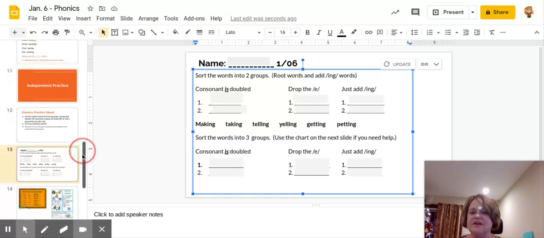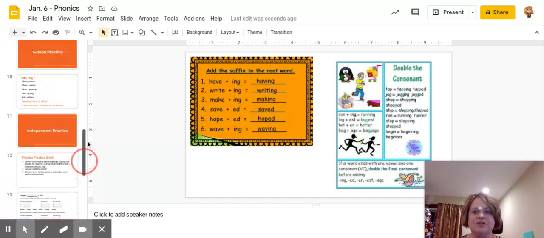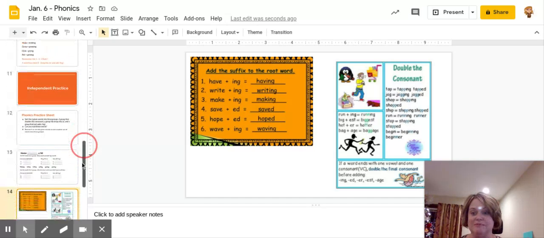You can also use the extra charts on the next page, which is drop the E and add ing and double.